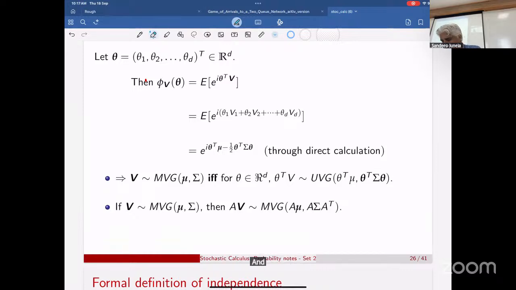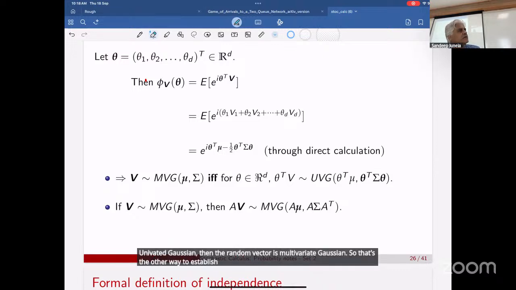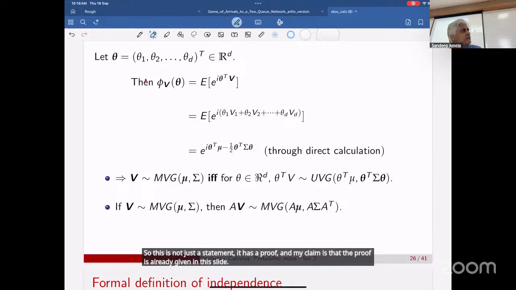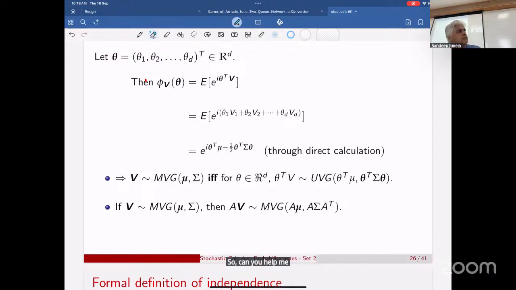And more importantly, the other way around: if every linear combination of a random vector is univariate Gaussian, then the random vector is multivariate Gaussian. That's the other way to establish that something is multivariate Gaussian. This is not just a statement, it has a proof, and my claim is that the proof is already given in this slide. Can you help me prove this?